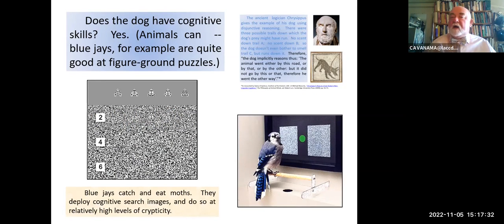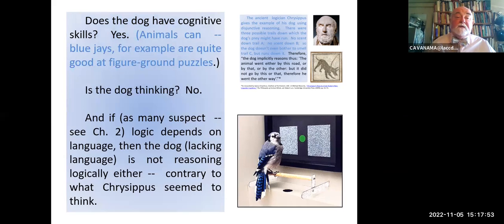Does the dog have cognitive skills? Yes. And we can talk sensibly about cognition in a whole variety of species. Blue jays, for example. Blue jays are very good at figure-ground puzzles. Crows are very intelligent, and birds related to crows. There are people who do cognitive research into bird intelligence.